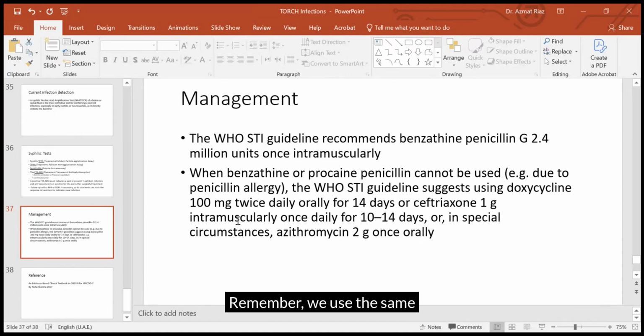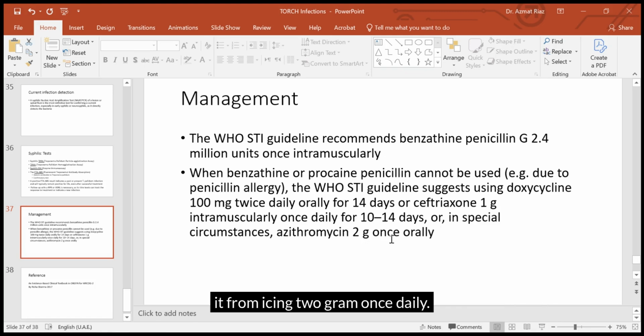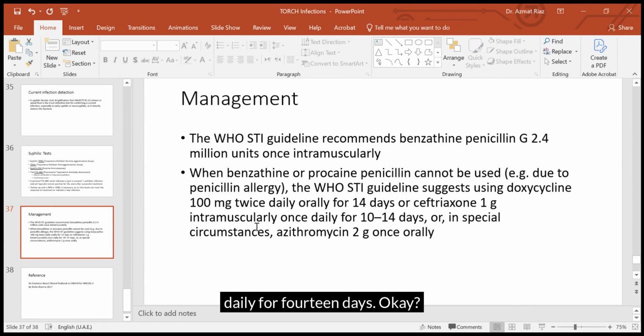Remember, we use the same for pelvic inflammatory disease, right? But here it's for 10 to 14 days, or in special circumstances erythromycin 2 grams daily. In PID, ceftriaxone is only given once, not daily for 14 days.